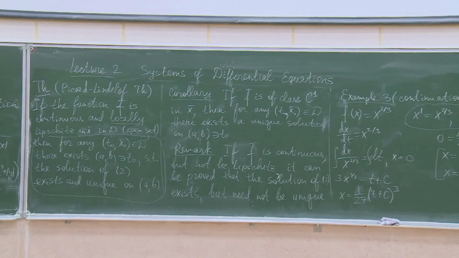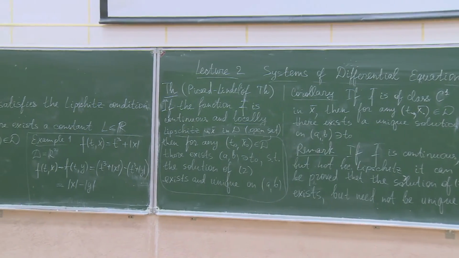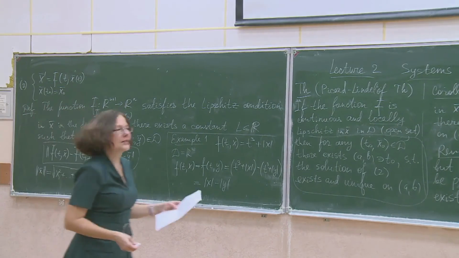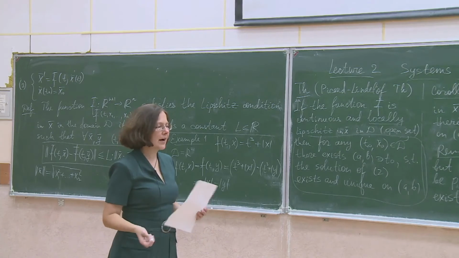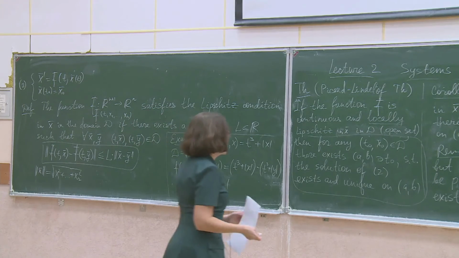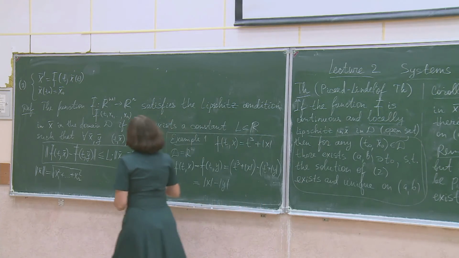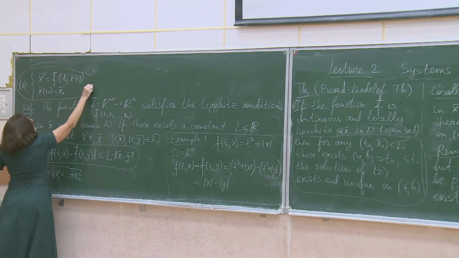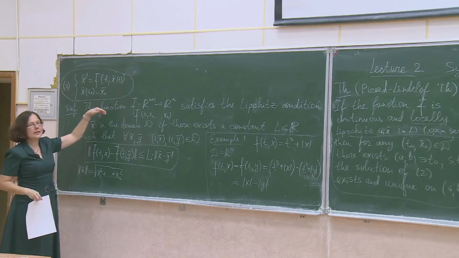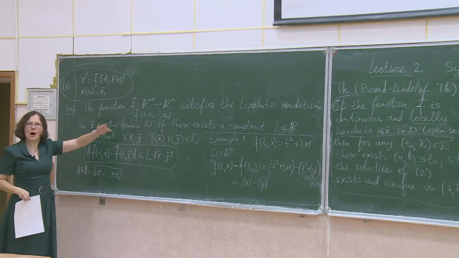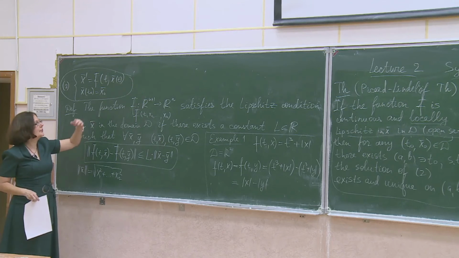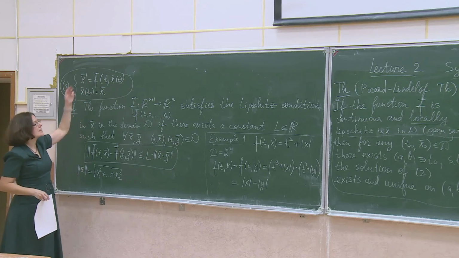Well, now we have not much time, but our next goal is to discuss the dependence on the initial values. Look at this initial value problem. We may change x0 to some other value, x1, x2, some value which is close to x0, and we want to investigate how the solution will change.